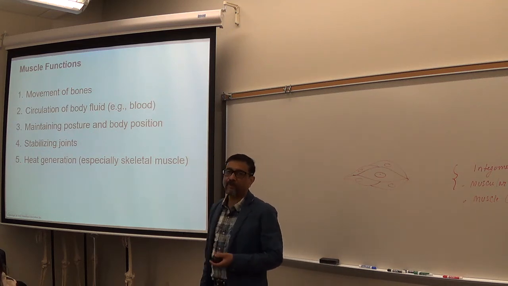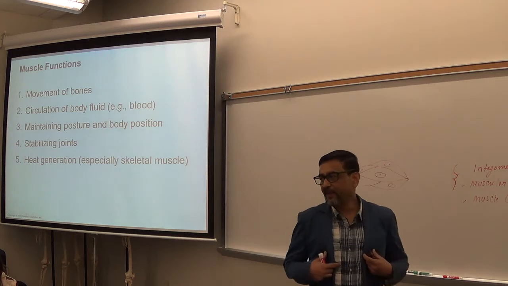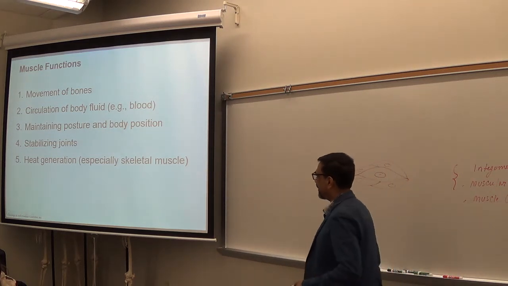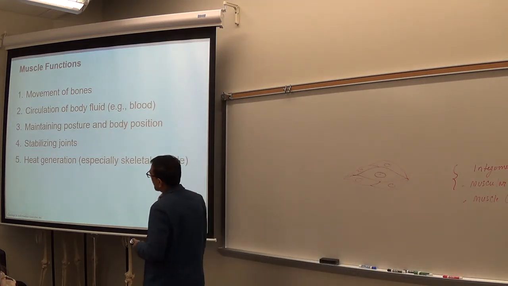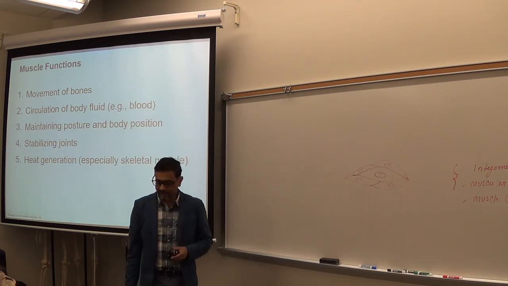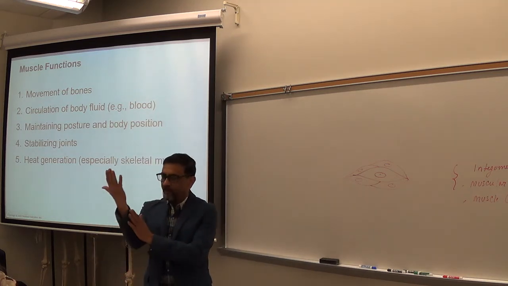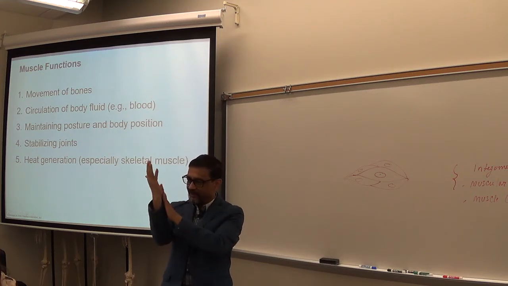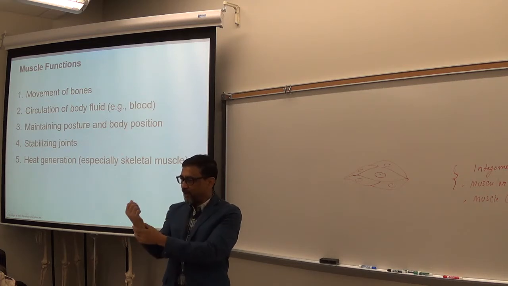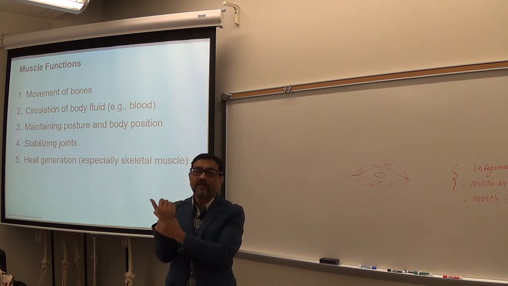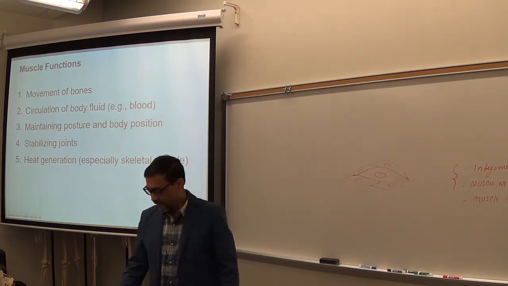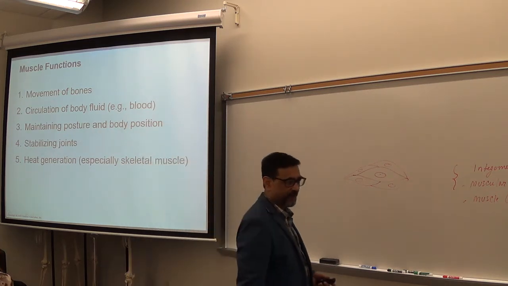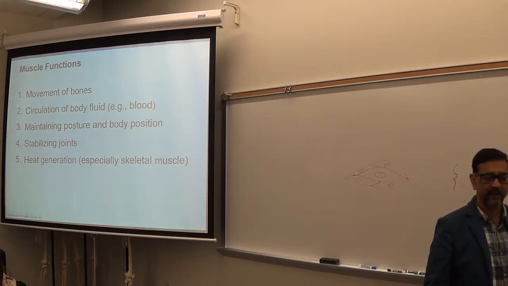Maintaining posture and body position. By using our muscles, we maintain the body position. Stabilizing joints. In last class, I mentioned that muscles cross the joints, right? From different sides like this, and some muscles prevent undesirable movement, right? And so stabilize the joints. Unnecessary movement is prevented by the muscles because they cross the joint.